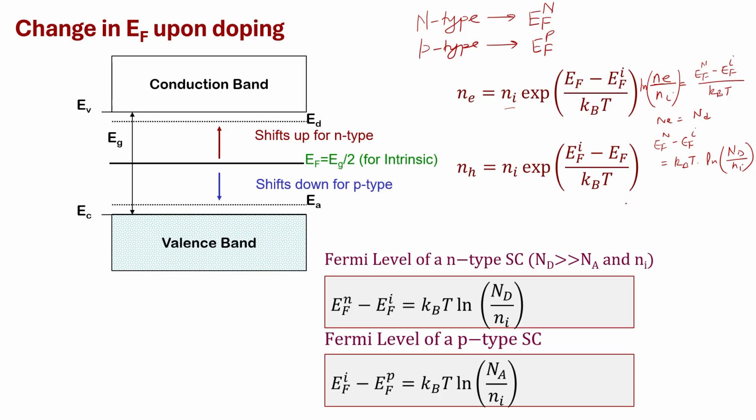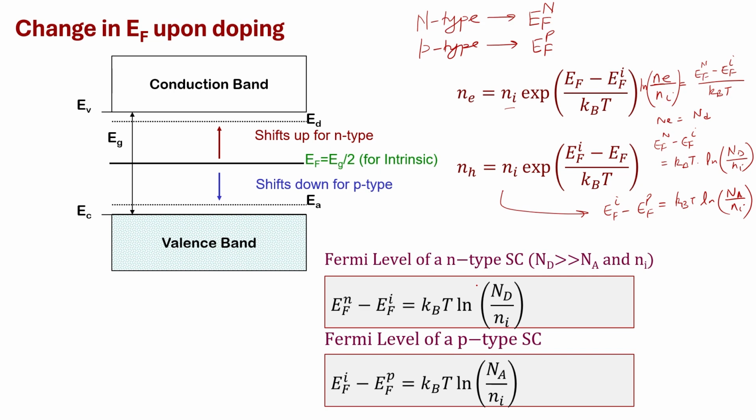Similarly, if you do the same exercise for a p-type semiconductor using this equation, I can write EFi minus EFp equal to kBT ln of Na over Ni, and this is what is written here.